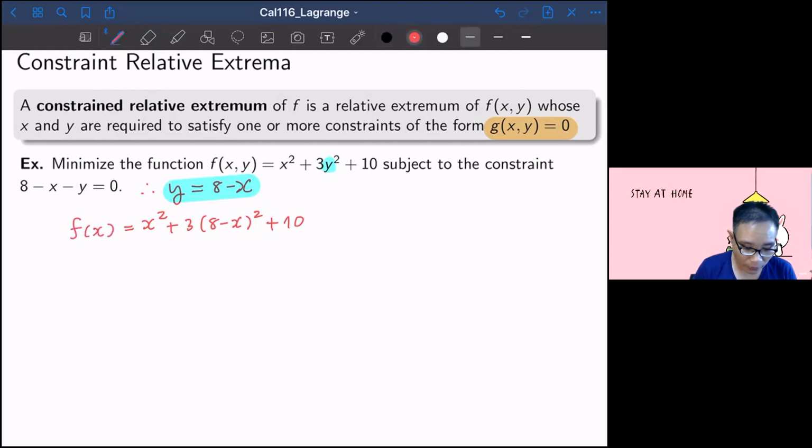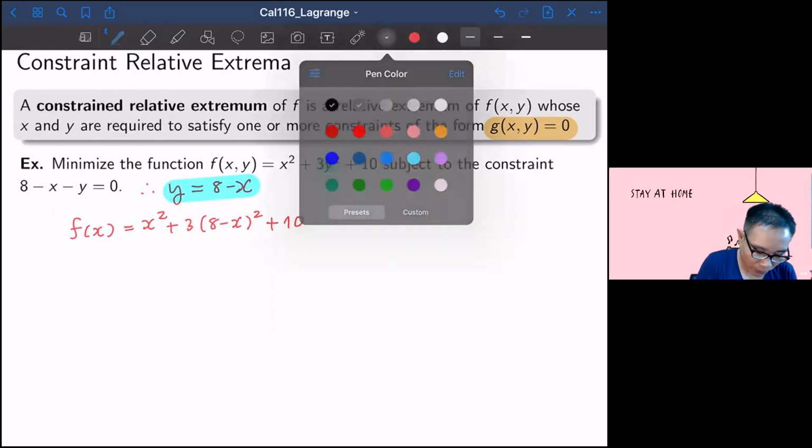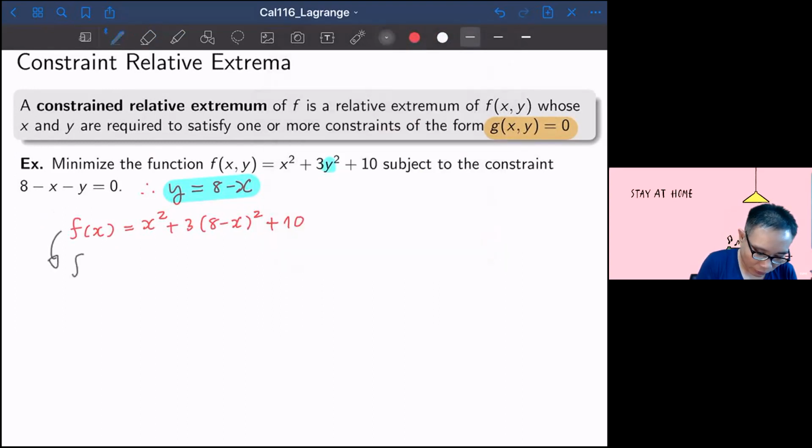For this one, you find the critical point like you do in Calculus 1. So you differentiate one time: f prime of x equals 2x plus 6 times (8 minus x) times negative 1.